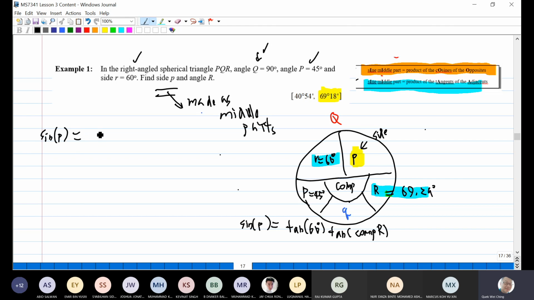Tangent 60 degrees, and then tangent of com R. Com R means 90 minus R. So what is tangent of 90 minus R? We have a simple way to simplify it, right? How to simplify it? Okay, I'm going to use a triangle again.